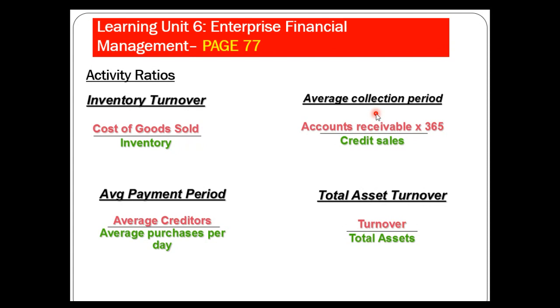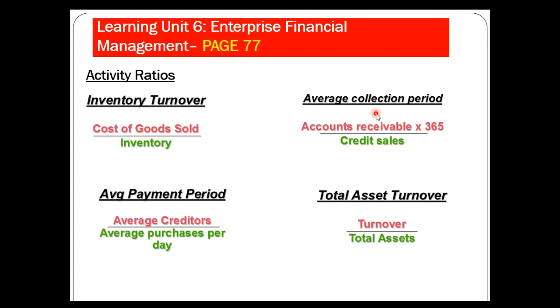So the average collection period ratio means how long it takes us to collect from debtors. It is better for us to have fewer days to collect from debtors. For example, if my business collects within 20 days and yours collects within 40 days, it means my business is doing better because I can collect within fewer days. So please also know the formula.